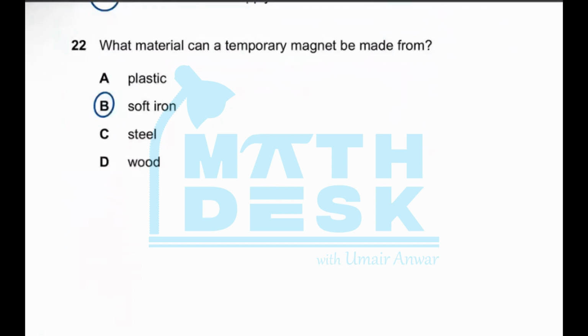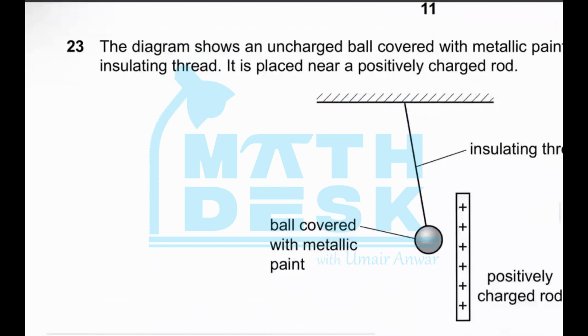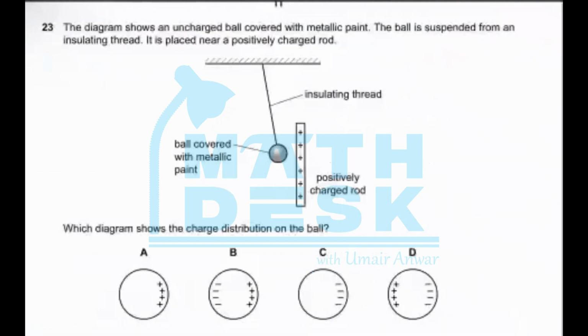Question number 23. It says the diagram shows an uncharged ball covered with metallic paint. The ball is suspended from an insulating thread. It is placed near a positively charged rod. Which diagram shows the charge distribution on the ball?